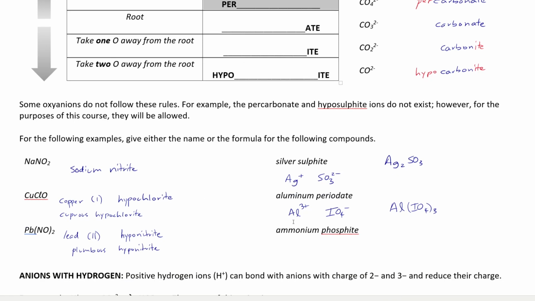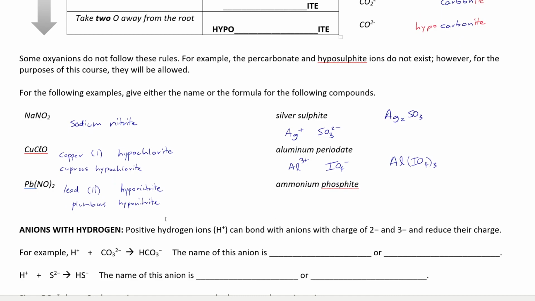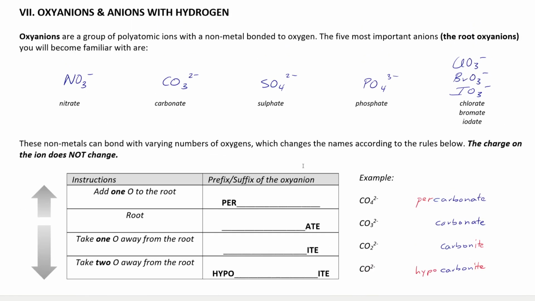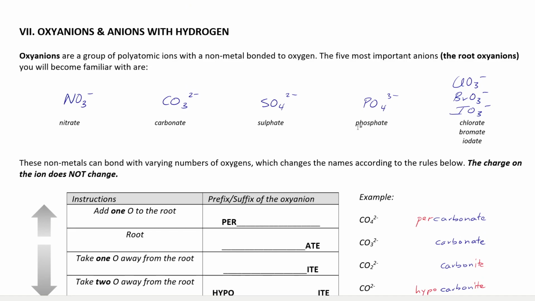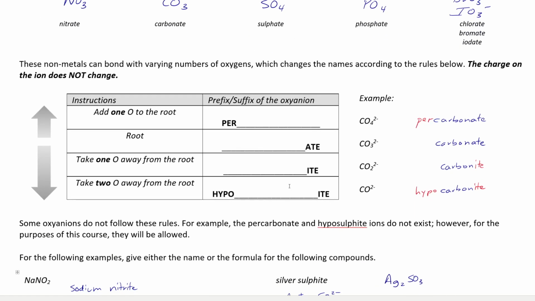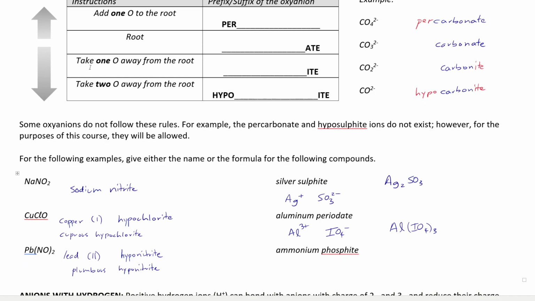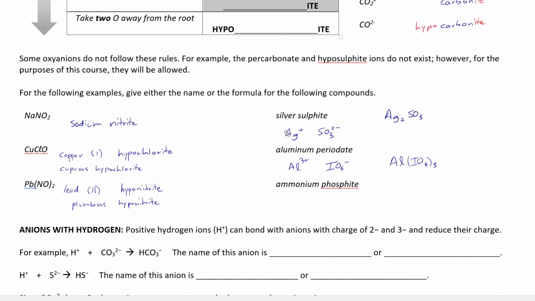Last one, ammonium phosphite. So phosphite comes from phosphate. Phosphate is PO4 3 negative. If it's phosphite, that means I have taken 1 oxygen away from the root. So instead of PO4, I'll have PO3 3 negative. Ammonium is NH4 positive.